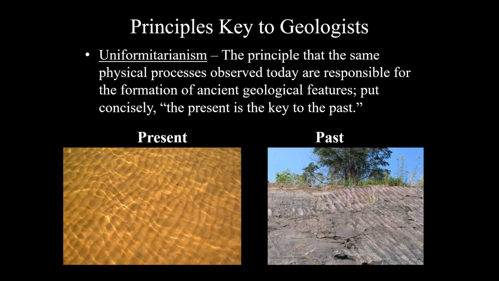If we look at an ancient geologic formation like you see on the right, a 150 million year old sandstone in Colorado with clear ripple marks, we can assume relatively safely that the same type of environment that forms ripple marks today was responsible for forming those ripple marks in the past.